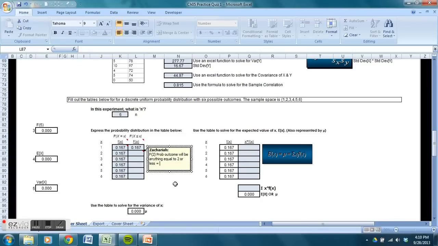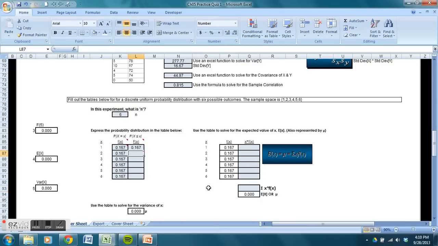So that equals the probability that it is 2 plus the probability that it is 1. And I can also write it like this: probability that x will be less than or equal to 2. So that's what we're looking at for that cell.